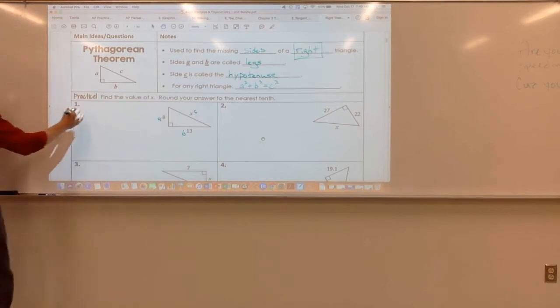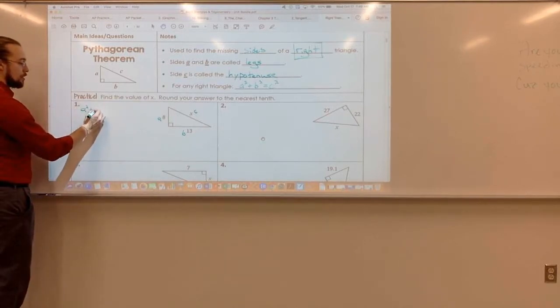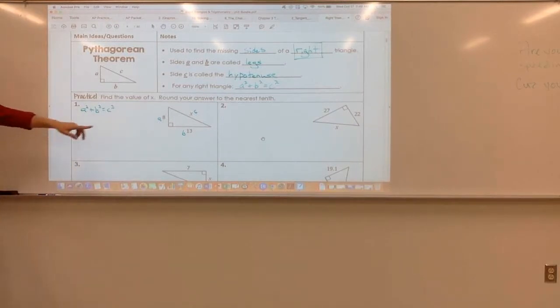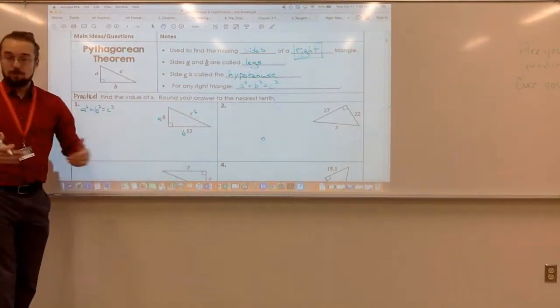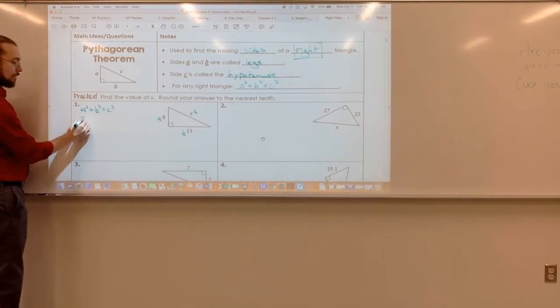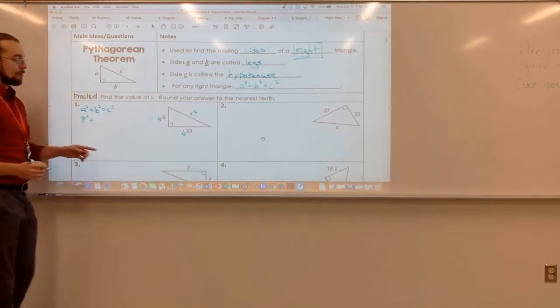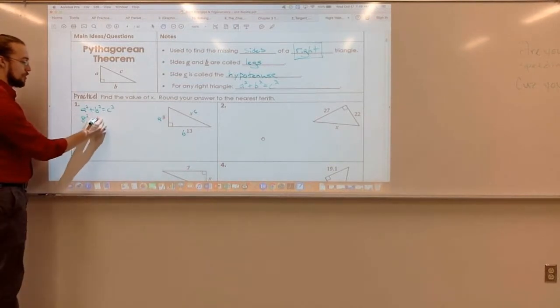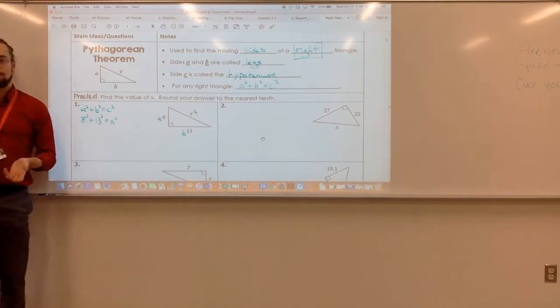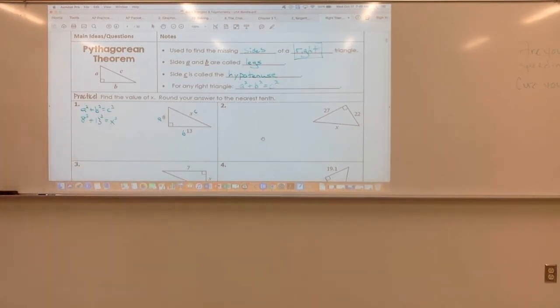So, to use the Pythagorean theorem here, A squared plus B squared equals C squared, I'm just going to plug in the values that I know. So A is 8, so we're going to have 8 squared plus B is 13, so 13 squared equals, and then my C is X. That's what I want to find, X squared.